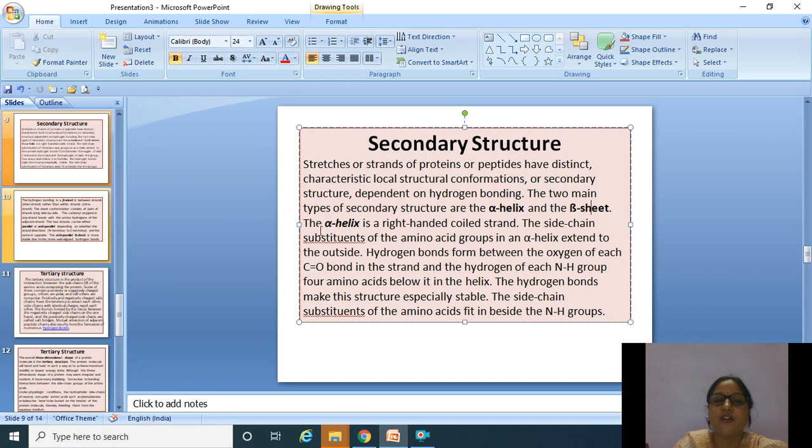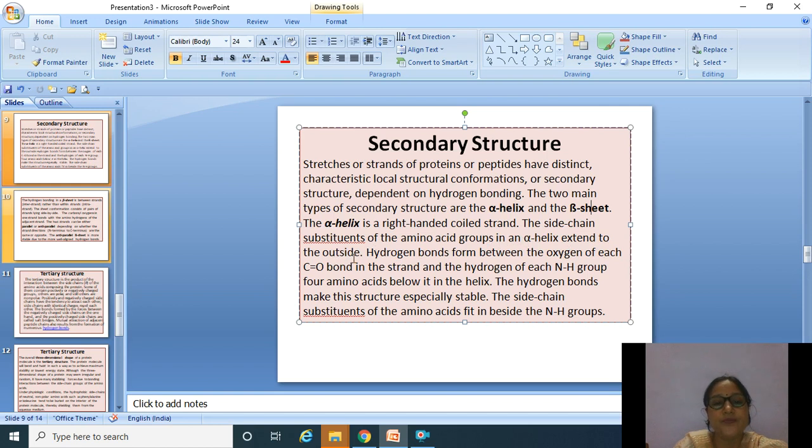The alpha helical form, or the alpha helix, is a right-handed coiled strand. It is a coiled structure like a coil, and the side chain substituents of the amino acid groups, which may be alkyl or aryl or different groups, extend to the outside in an alpha helix.